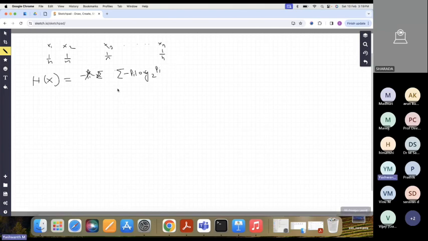Now p_i is 1 over n. So this is minus 1 over n times log base 2 of 1 over n, and we are summing this quantity n times.